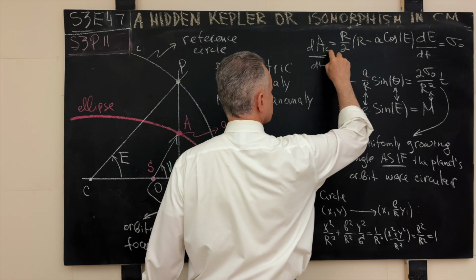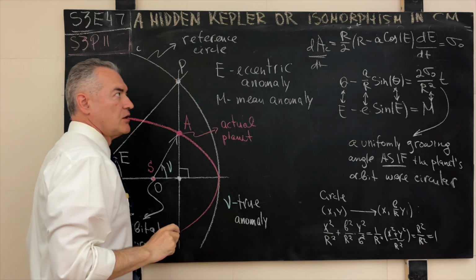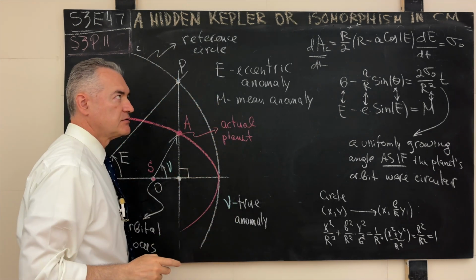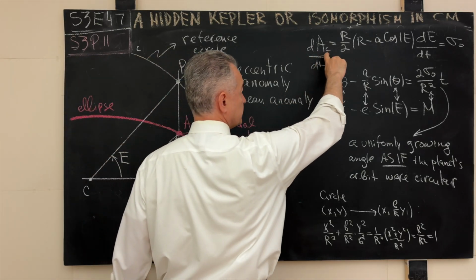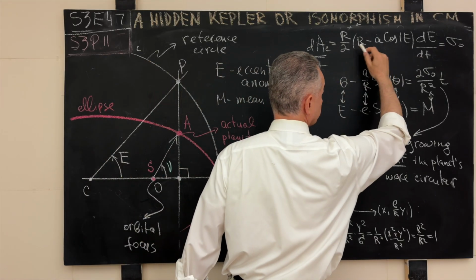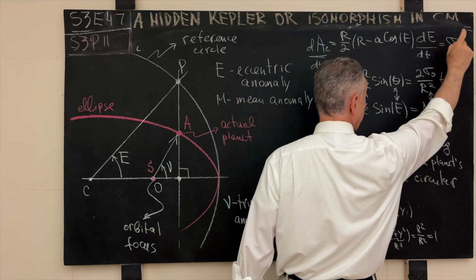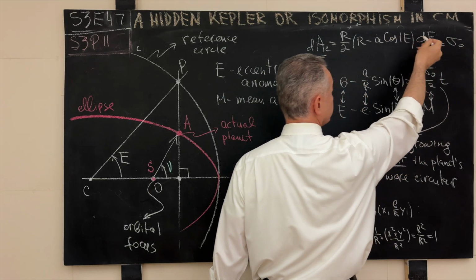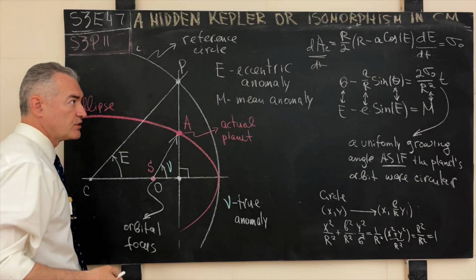And if we take the expression that we developed for the infinitesimally small area of the corresponding sector based on a circle, dA_C, with the subscript C designating the circle that we developed in the previous segment, divided by dt, we get by definition our constant areal velocity, and then again we separate the variables and we obtain the same equation, and this is how Newton would have done it.